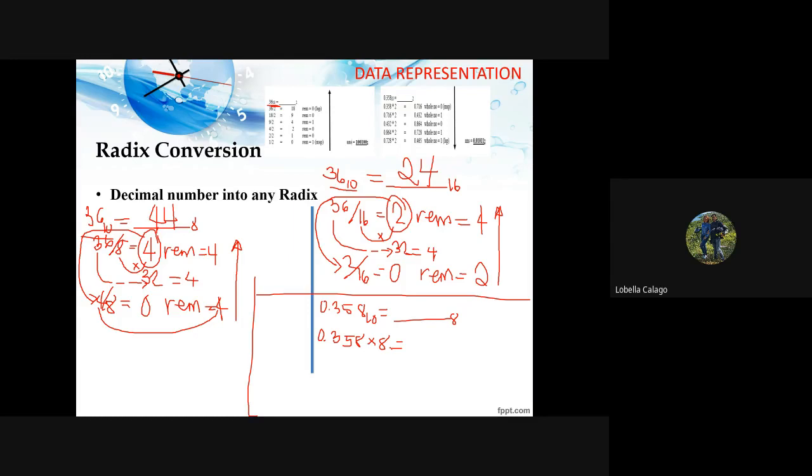So, 0.358 times 8 give us 2.864. So, hindi po natin kailangan si 2, kundi yung value lang after the decimal point. So 0.864 times 8 again.